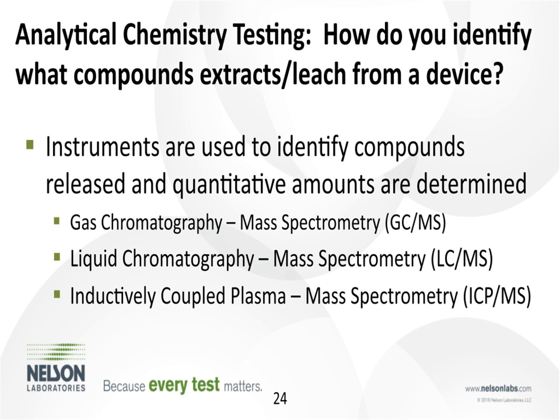Well, we use very sensitive and specific instruments that can detect very low amounts of chemicals present. These instruments are called gas chromatography mass spectrometry, liquid chromatography mass spectrometry, and inductively coupled plasma mass spectrometry. I will be going over them in a little bit greater detail in the following slides.